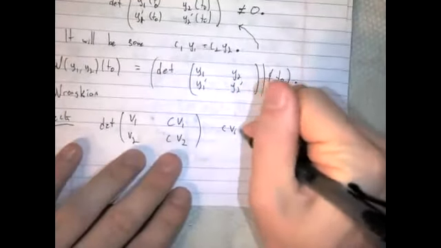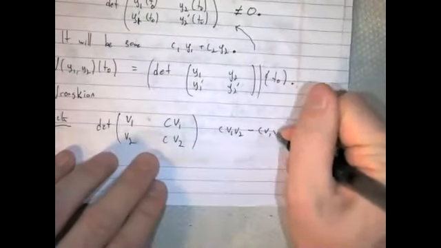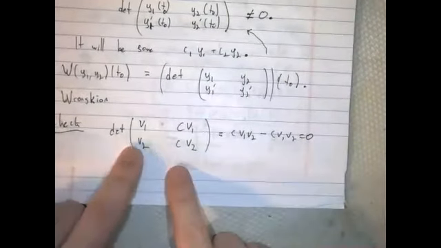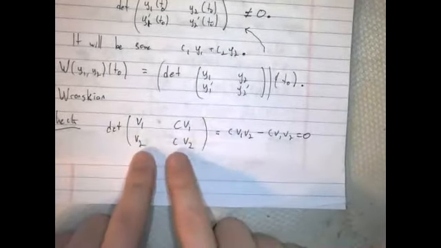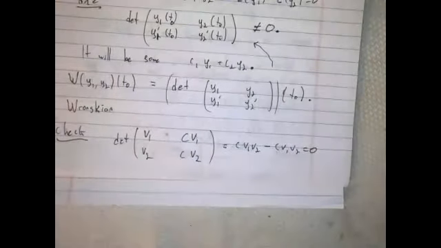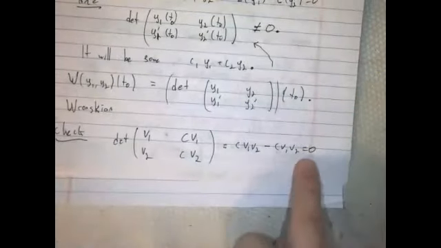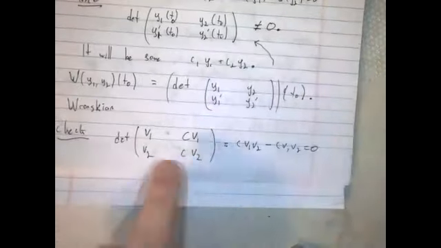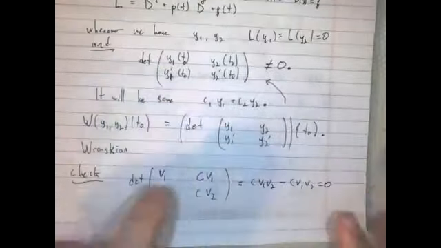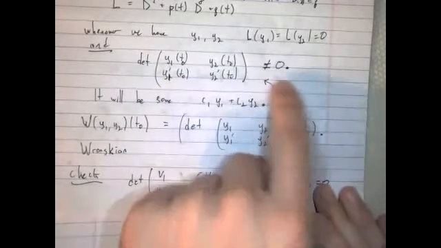Well, the determinant of this is equal to c v1, v2 minus c v1, v2, which is equal to 0. So if these things are not linearly independent, then the determinant is 0. And it's true that the other way holds as well: if the determinant is 0, then these vectors are linearly dependent. So the thing that you want, if you want solutions, is for the determinant to not be 0.